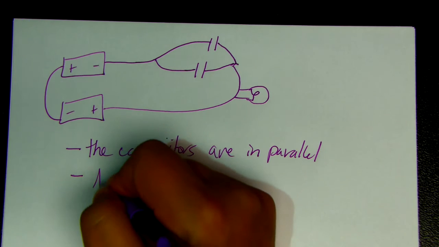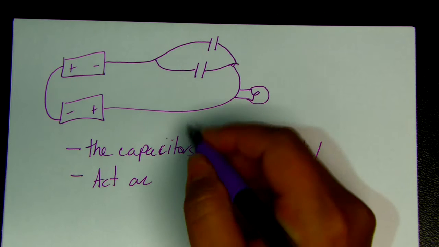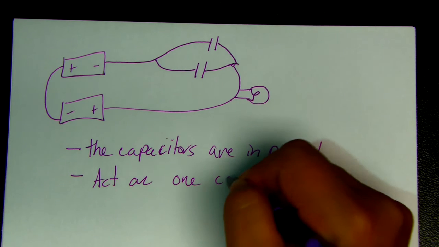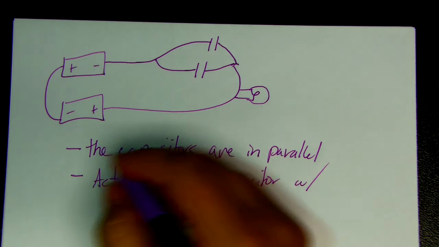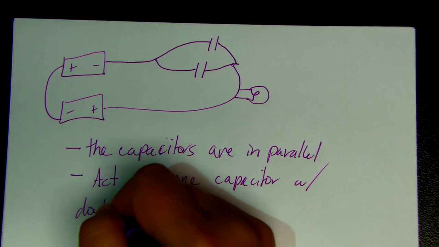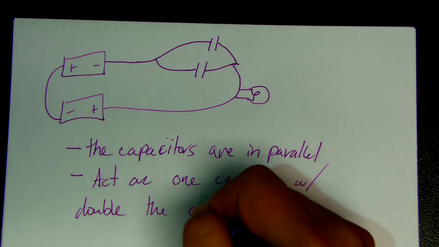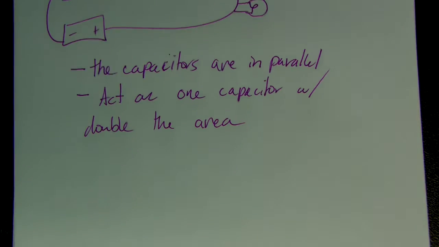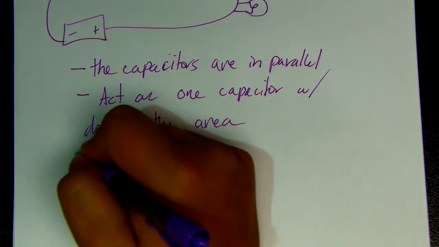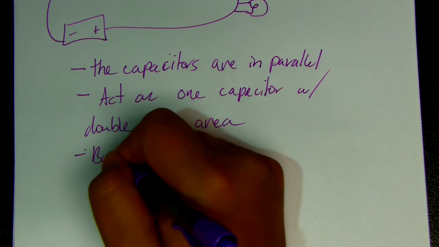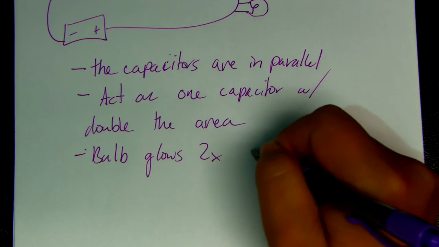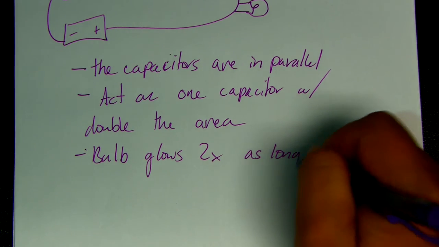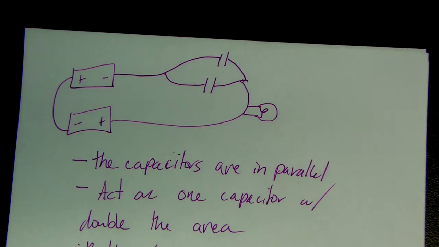And this will essentially act as one capacitor with double the area. And the result of that is the bulb glows twice as long, assuming the capacitors are the same.